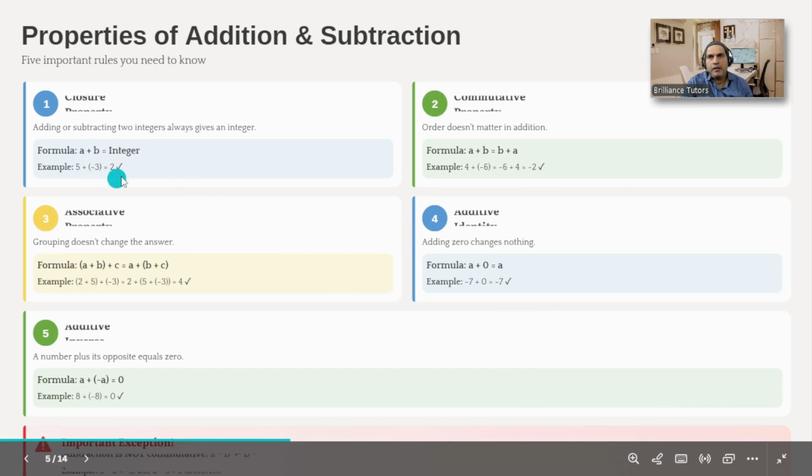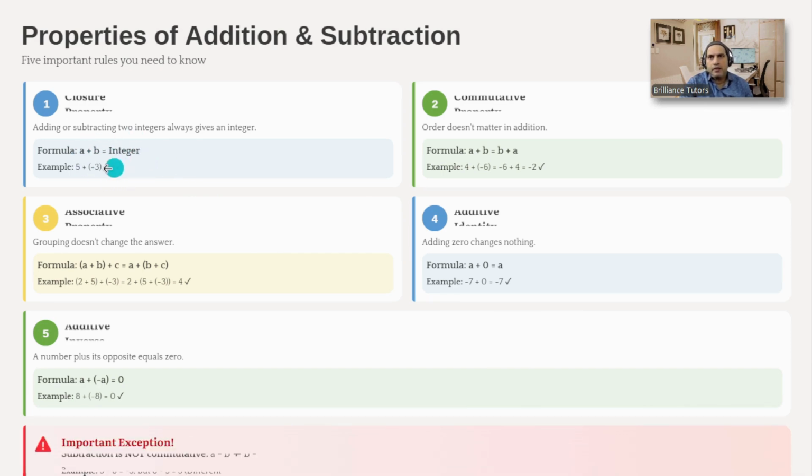Then we have integers like a plus b is an integer, so a plus minus 3, it's minus 2. So it will be subtracted. Here, when we add a plus b, it's closure. So we have the properties of addition and subtraction.